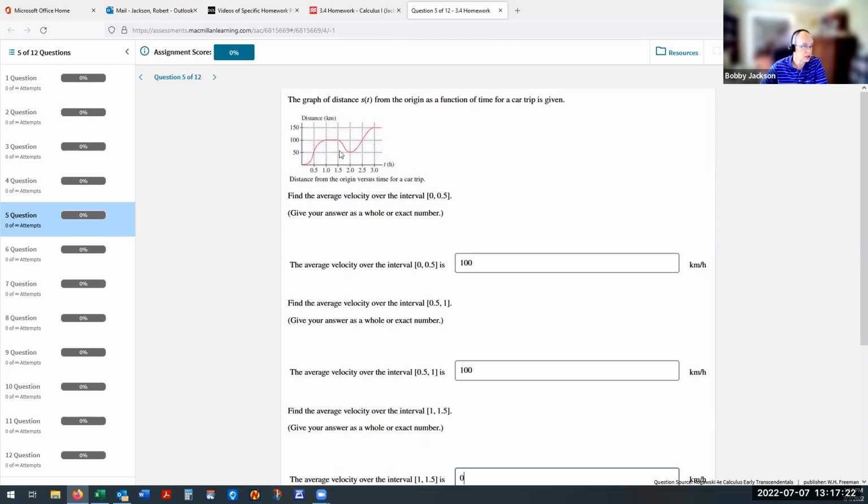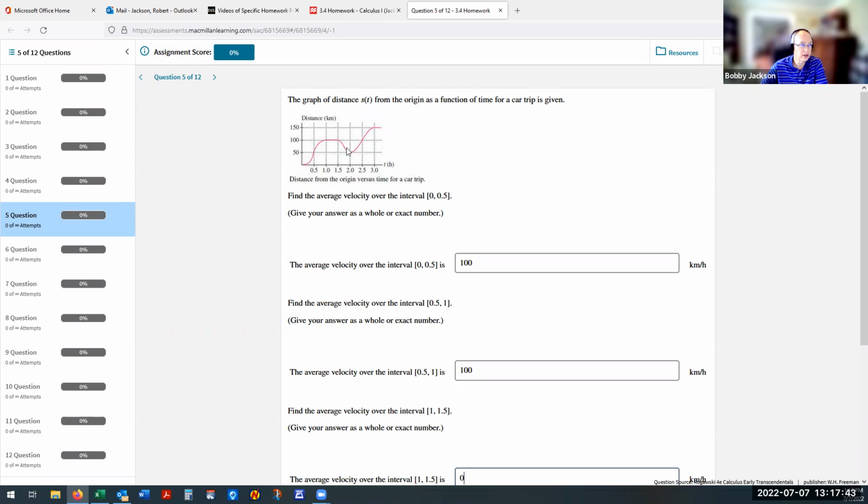Now, look at this fourth half hour, from 1.5 to 2 hours. The distance goes from 100 to 50. What if we just wanted the average velocity over this interval? Well, the distance traveled is now negative 50, because we're going from 100 down to 50, the distance is decreasing. So we need that negative there.